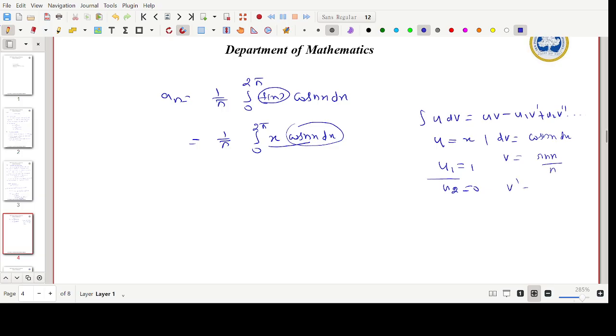What about v dash? Integrating once more with respect to x, the integration of sin nx is minus cos nx divided by n. Already I have n, so I am getting n square. Can you understand up to this, clear, right?